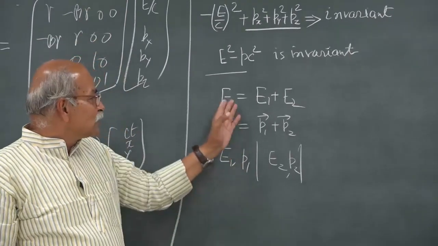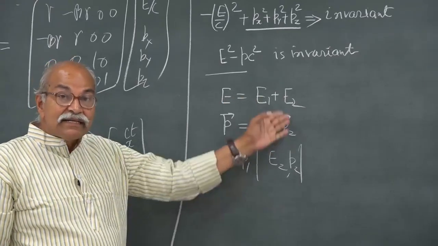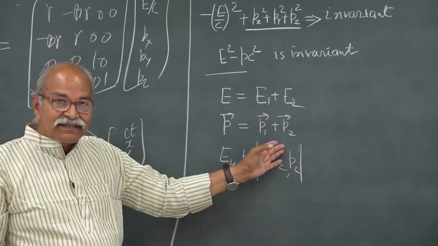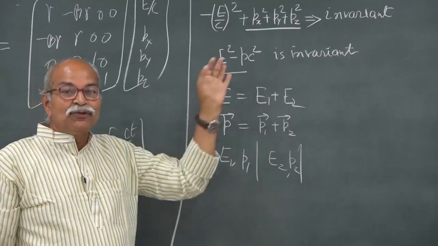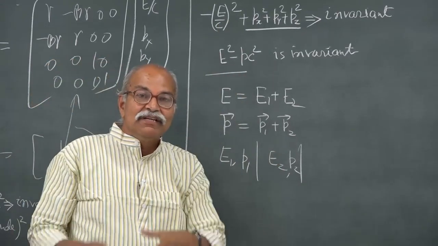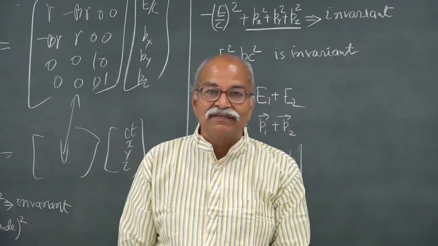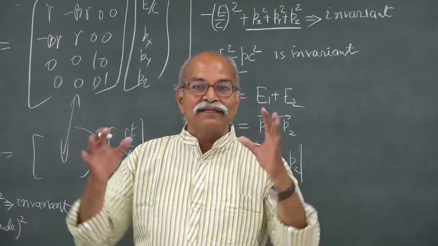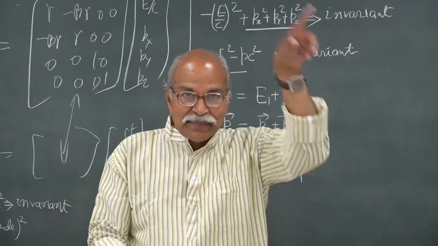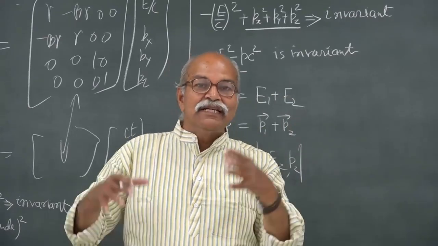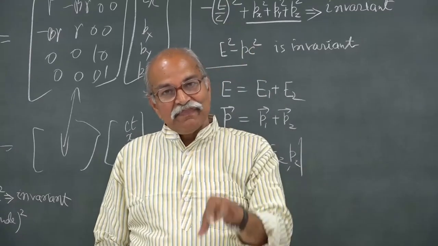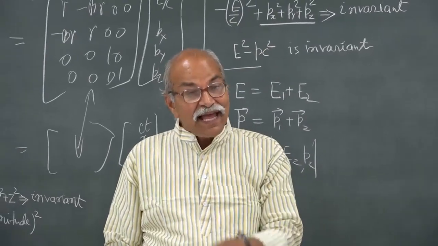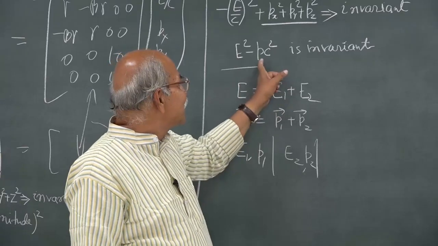Similarly here, this total thing will also be a 4-vector, and if it is a 4-vector, this should be invariant. So not only for one particle, even if you have several particles, and you take the total energy of all the particles together as capital E, and the total linear momentum of all those particles taken together as Px, Py, Pz, you will still have E square minus P square c square invariant.